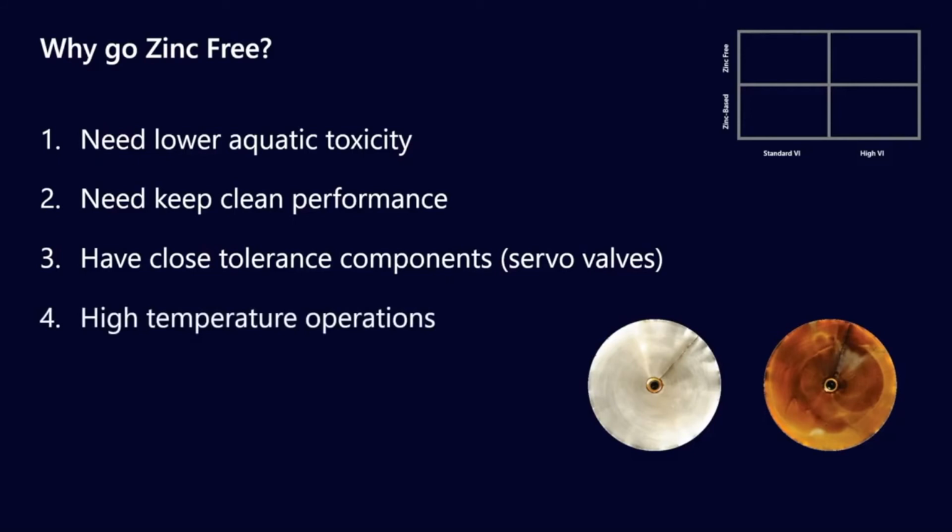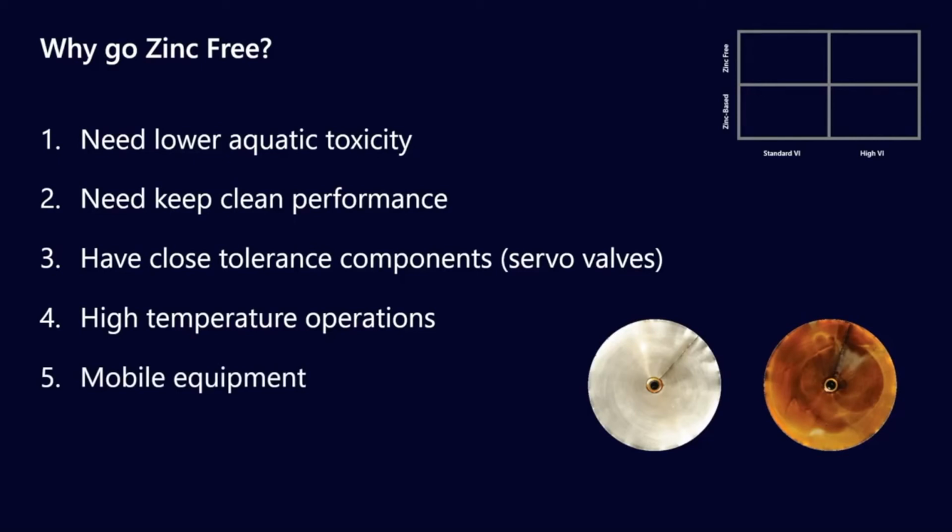And if you have high temperature operations, the reason we say this is because the ZDDP additive breaks down. It's a thermal degradation mechanism which causes ZDDP to break down. So once you go into that 100 degrees Celsius range, probably really anything more than about 80, ZDDP starts to break down and go to sludge. So again, if you're having those high temperature operations, you really want to start looking at zinc-free alternatives. And that really means mobile equipment.